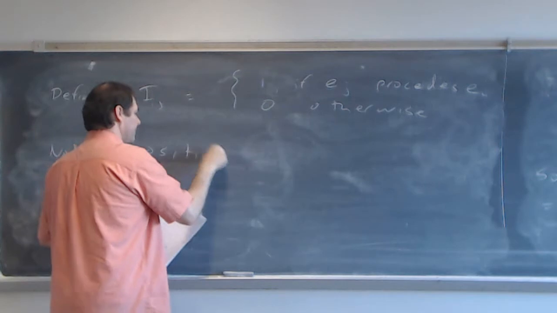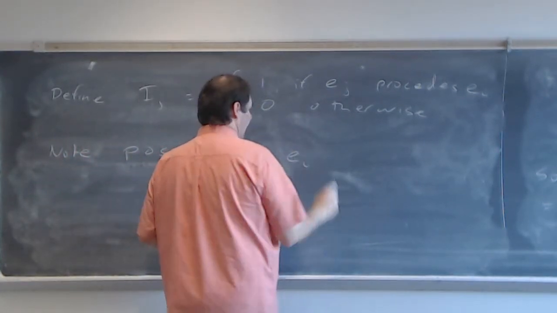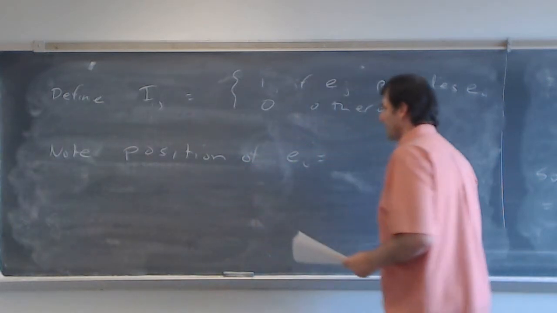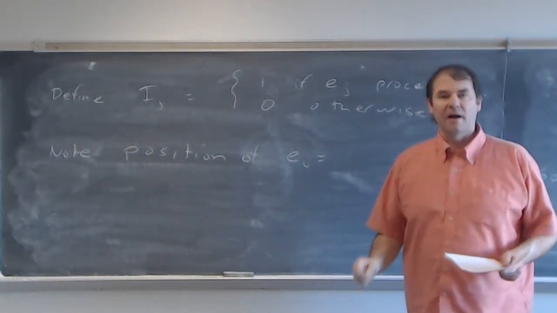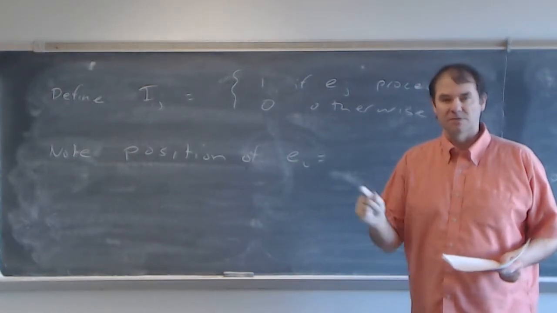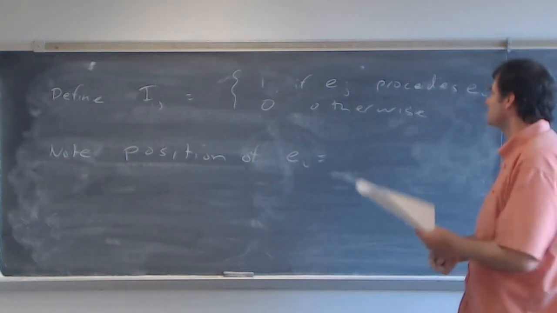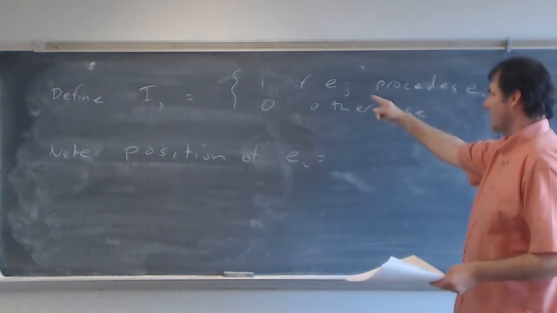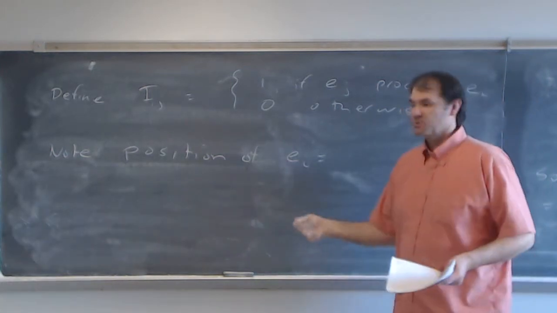Now, the position of E_i is going to be equal to, let's say I summed up all the I_j's, j from 1 to n, of course you can't have j equal to i. And say the answer was 5.